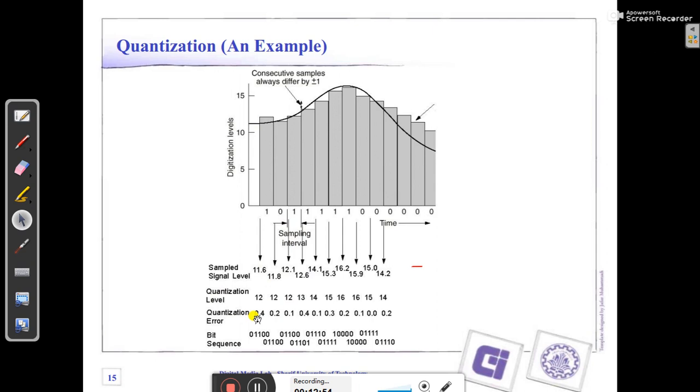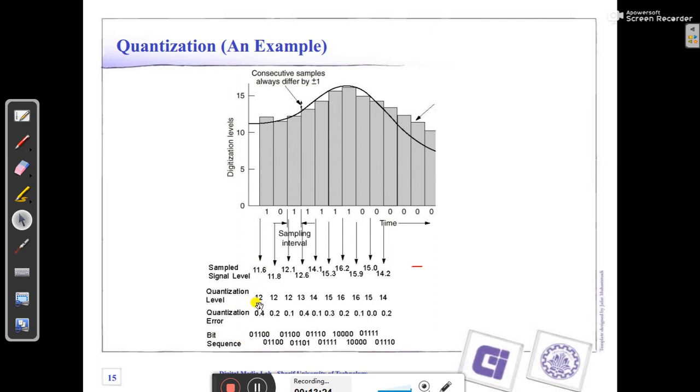So quantization error is actually, here you can see 11.6 is this, and in the quantization level you create 12. For 11.8 you are creating 12, for 12.1 you are creating 12, for 12.6 you are creating 13. So quantization error is the difference between these two levels. The bit sequence for 12 is 0 1 1 0 0.